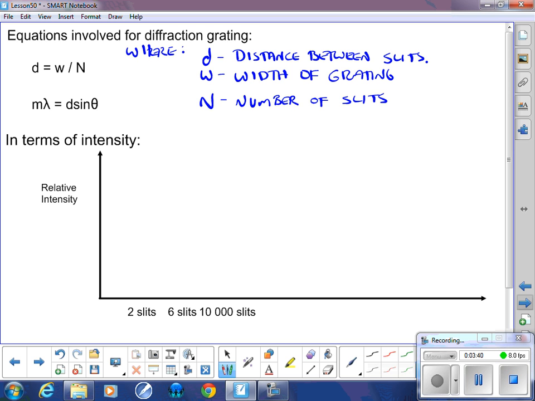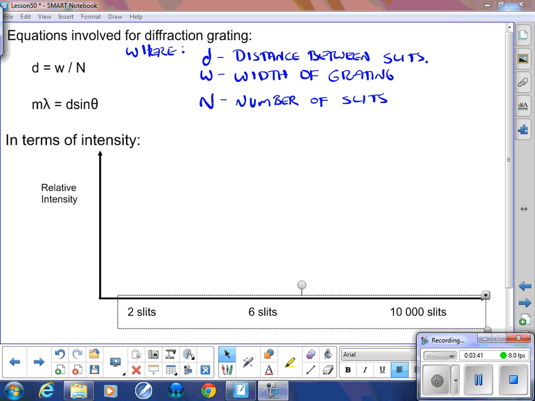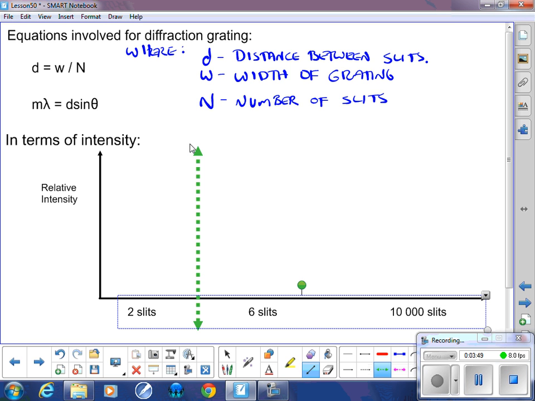So let's talk about intensity here. What I want to do is let's break this into regions. So I'm going to do relative intensity and show the resulting intensity diagram. So rather than doing a couple graphs, we're just going to do it on one axis here. So if you have two slits, so it's Young's double slit experiment, we already talked about the intensity just in the previous one with single slit.